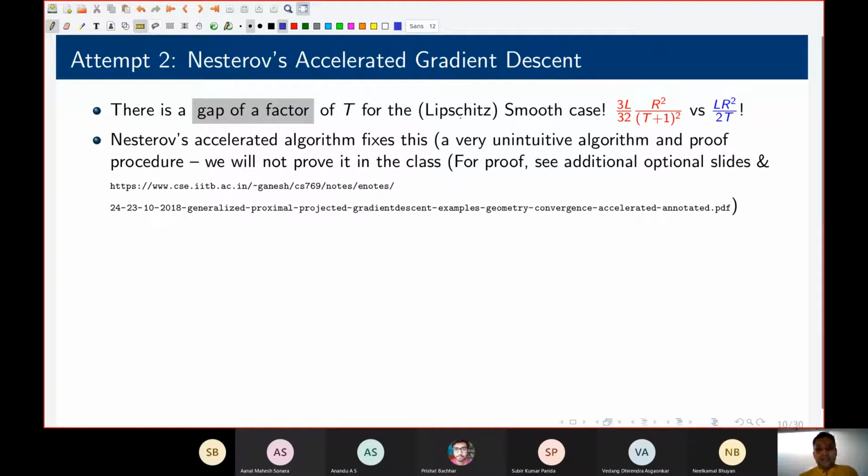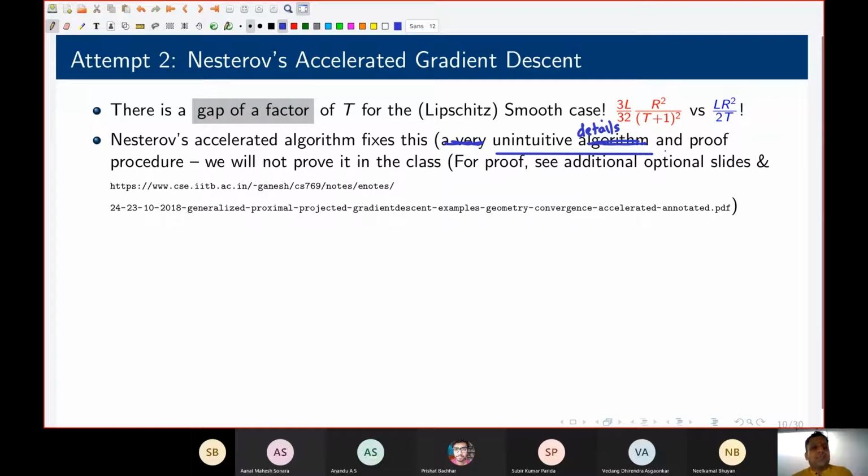So I must tell you, I find the exact update very unintuitive. In terms of exact step, the algorithm might be intuitive. So let me just clarify. The details are somewhat unintuitive, and the proof procedure is certainly very complex.